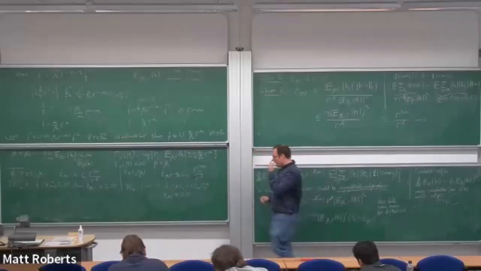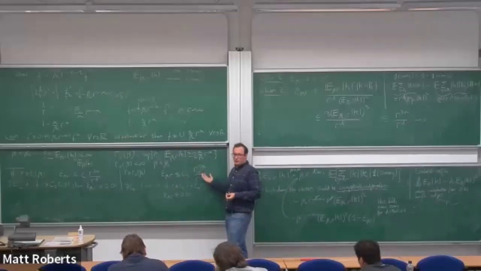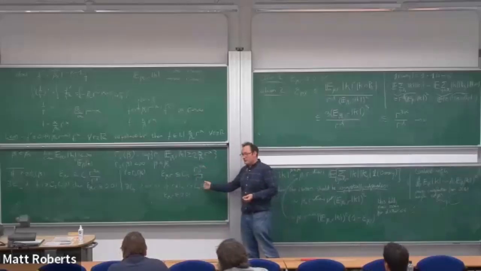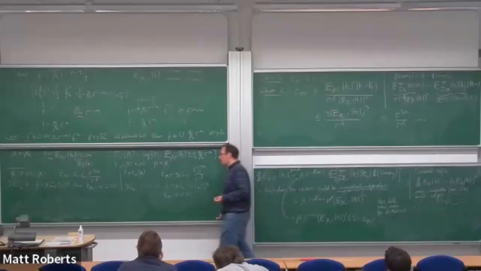The fact that this is a power is not particularly important. If you were only winning a log or something, it would also be fine. You'd have to use a different function here, but okay.